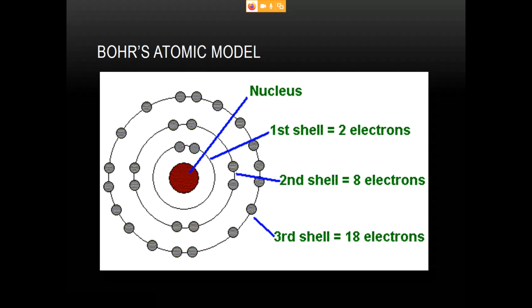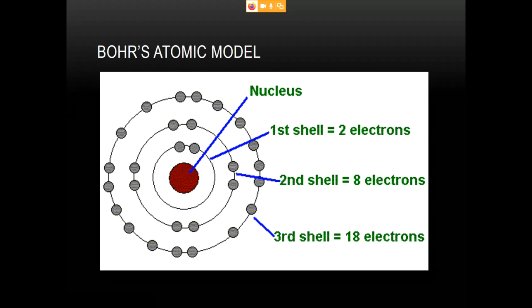Protons have a positive charge, and electrons have a negative charge. And the electrons actually orbit around the nucleus, kind of like our solar system, where the Earth and the other planets orbit around the sun. All right, and this is basically Bohr's atomic model.